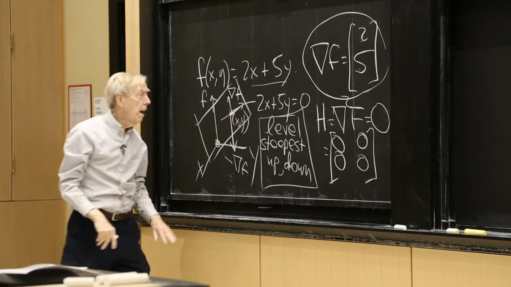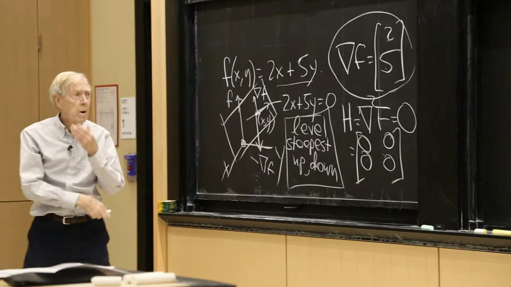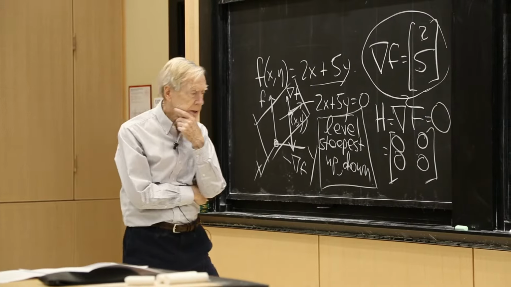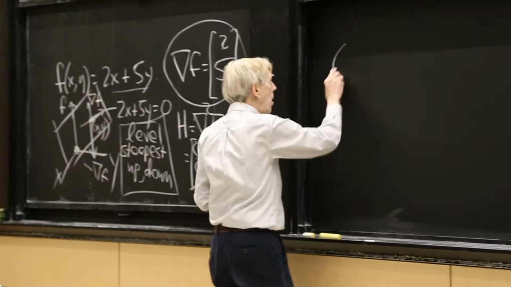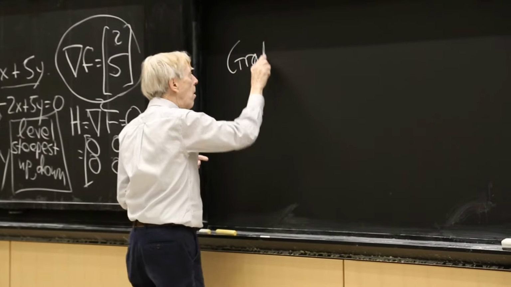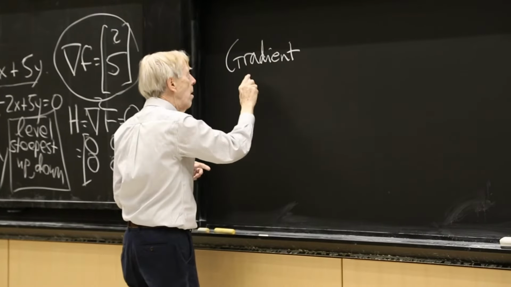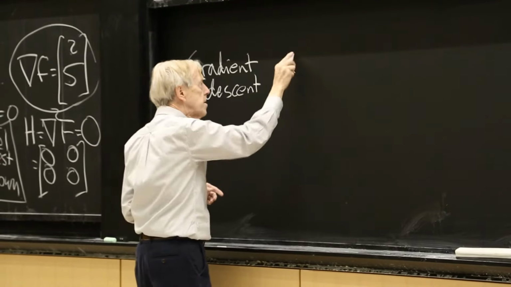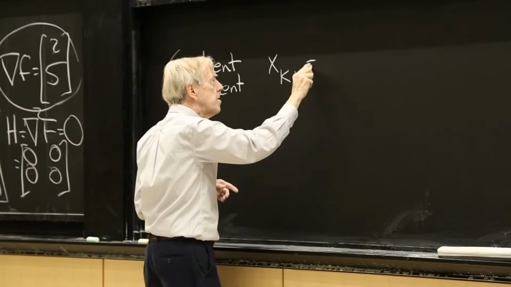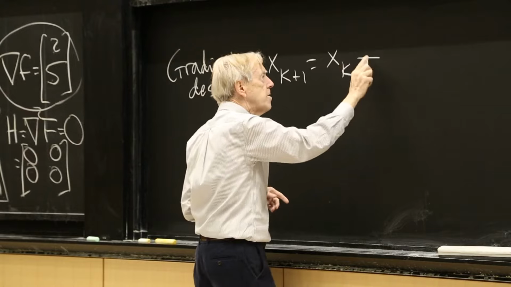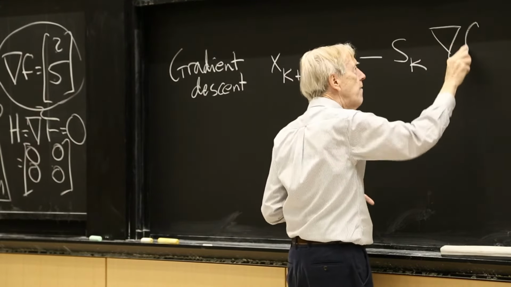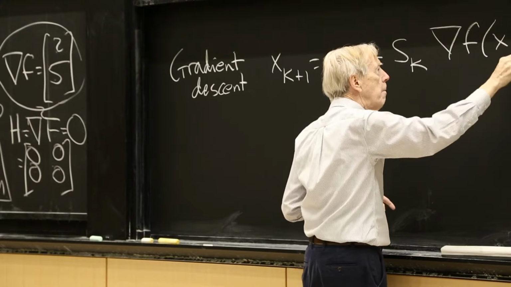And I'll work with that example. Okay. So here's gradient descent. x_{k+1} is x_k minus s_k, the step size, times the gradient of f at x_k.